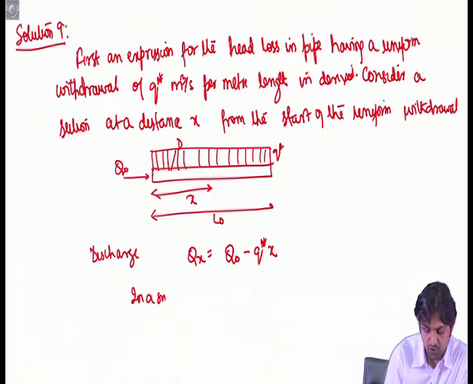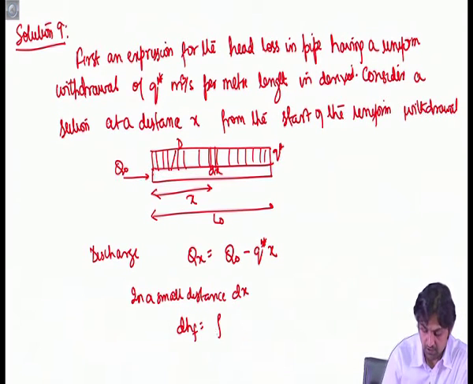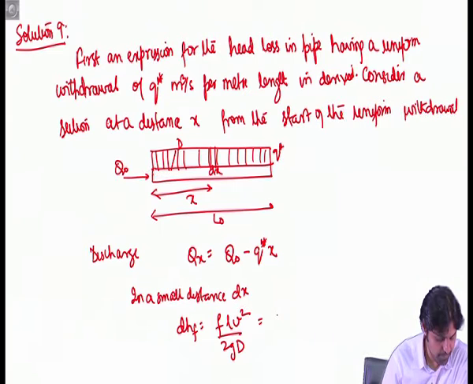So in a small distance dx at x, the head loss is going to be f L V square by 2gD, or instead of V we write Q, correct?